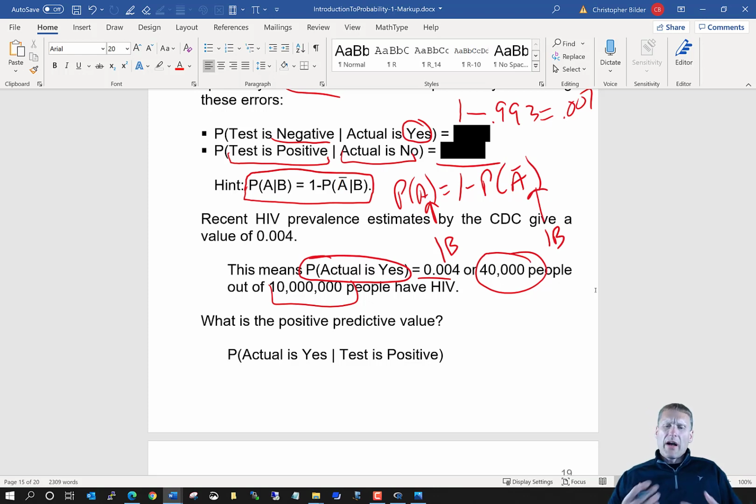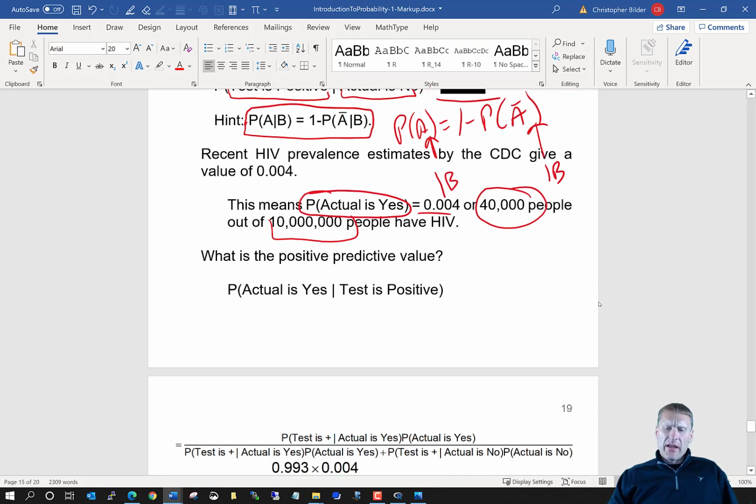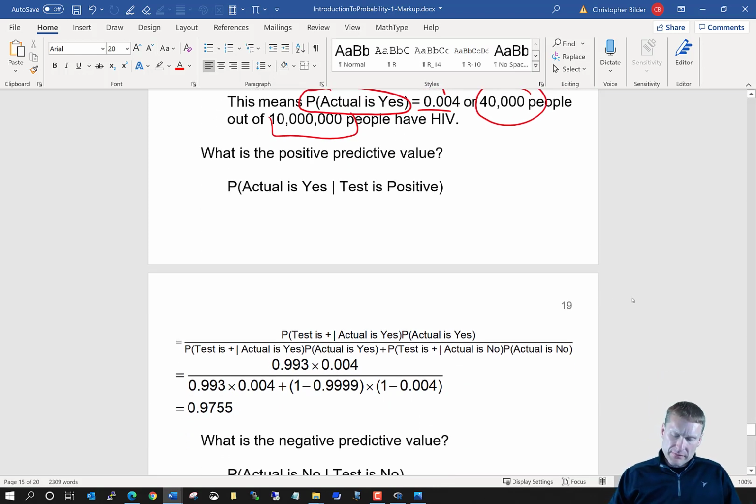But what's the positive predictive value in this situation? The reason I bring this up is as follows. Imagine that you have been tested for an infectious disease. Could be HIV, could be something else. You're in the examination room of your doctor.